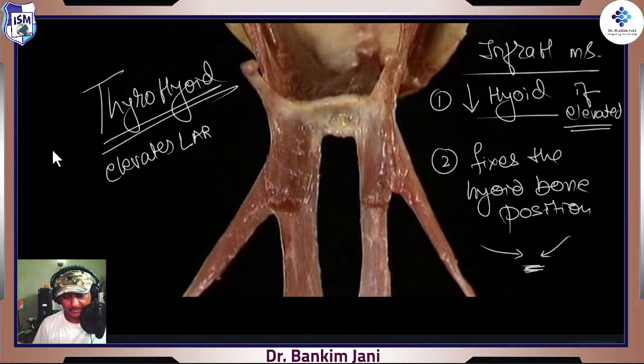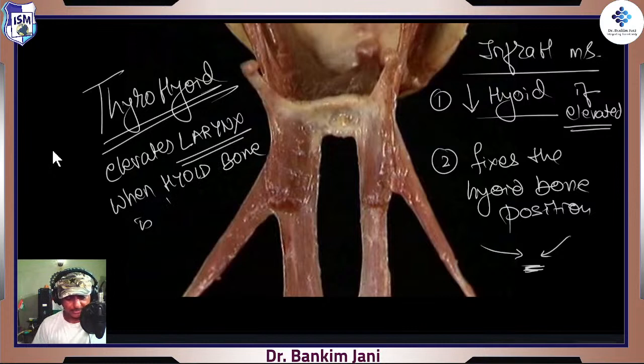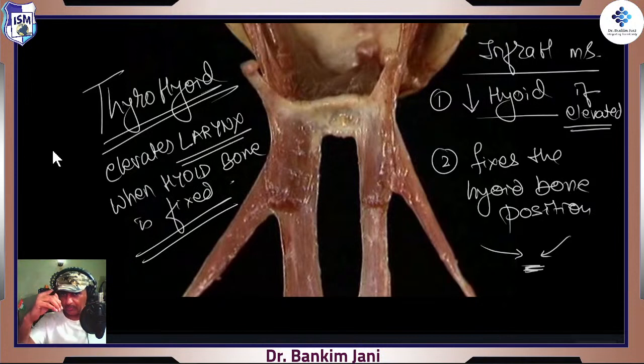So when we'll be discussing the formation of speech, at that point this one would be the crucial one, because we'll see the entire process: which muscle is involved, how the larynx really moves, how the air is taken care of. So it elevates the larynx, important, when the hyoid bone is fixed, because when the hyoid bone is fixed, they will contract, and we just said that the larynx is just behind it, so it will lift it.